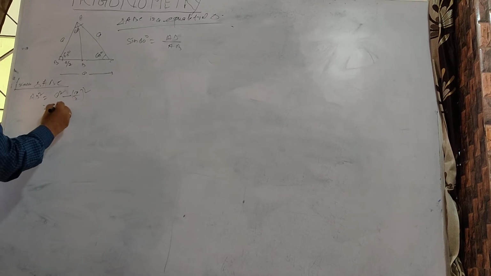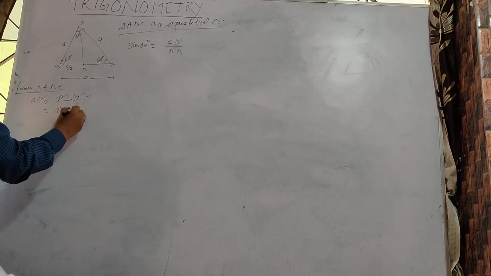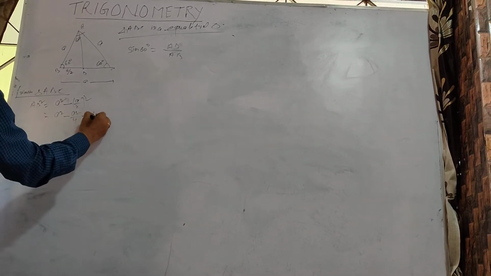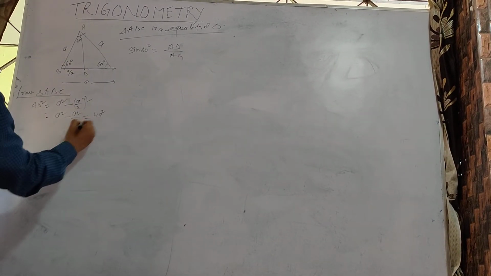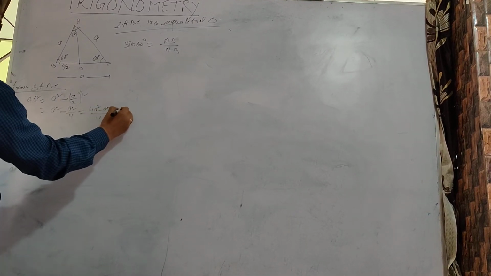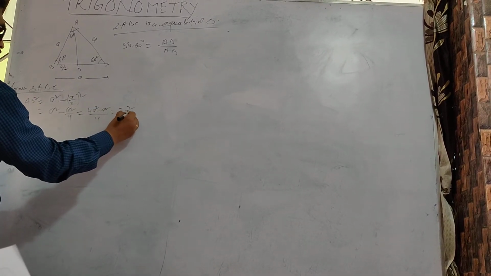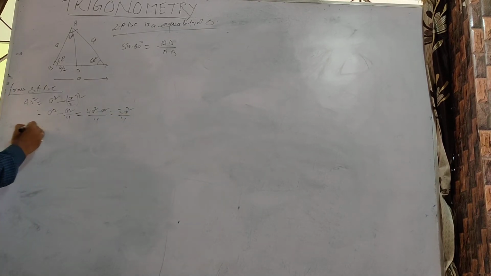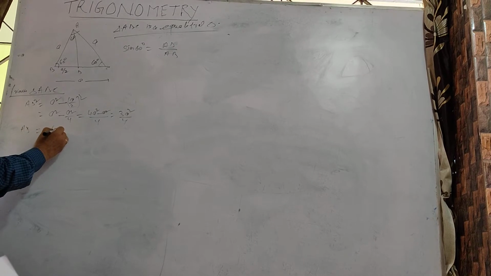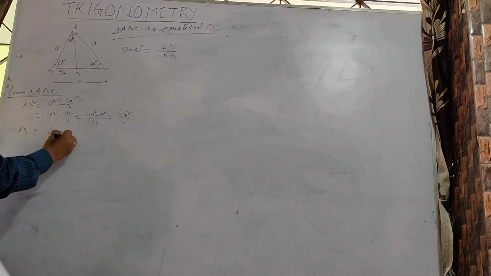So A square minus A square upon 4, that is 4A square minus A square, which is 3A square upon 4. So AD is equal to root 3 by 2 A.